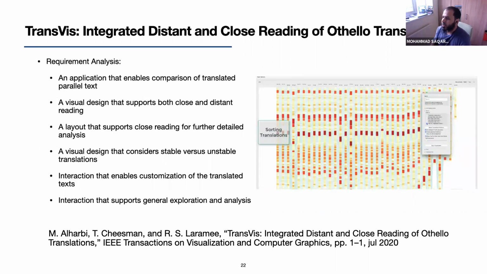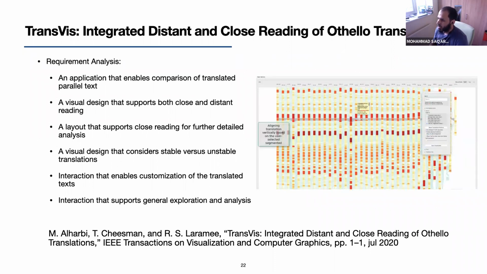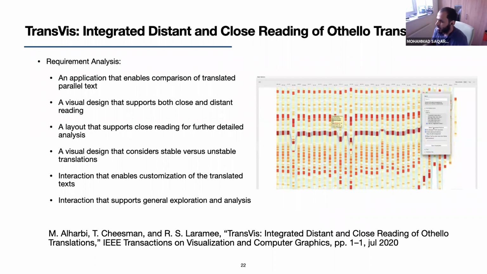The requirement for this work is to enable comparison of translated parallel text, and to support both close and distant reading. We also needed to implement a layout that supports close reading for further detailed analysis, and a visual design that considers stable versus unstable translations.